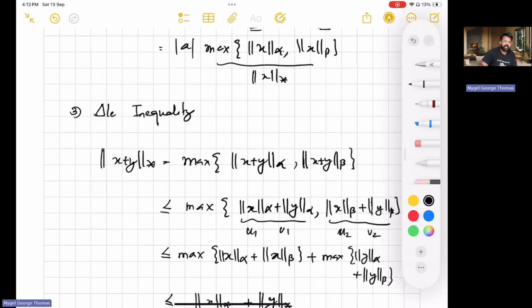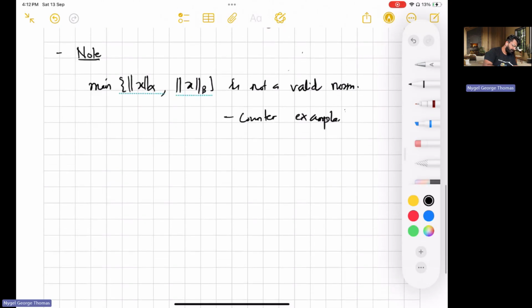Now we can look at the second property, which is also important and which we'll use later in this course.